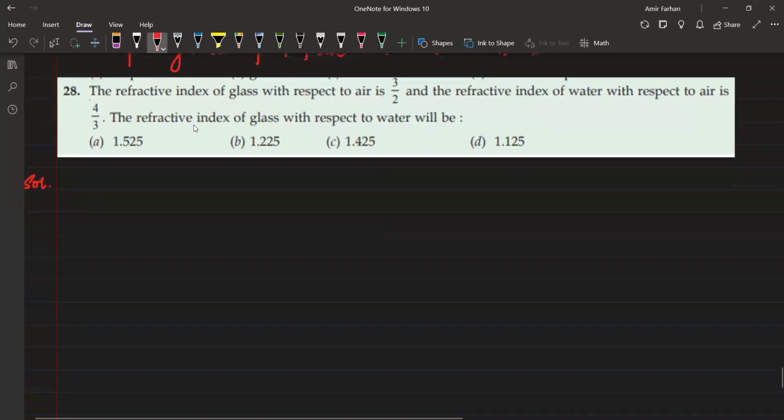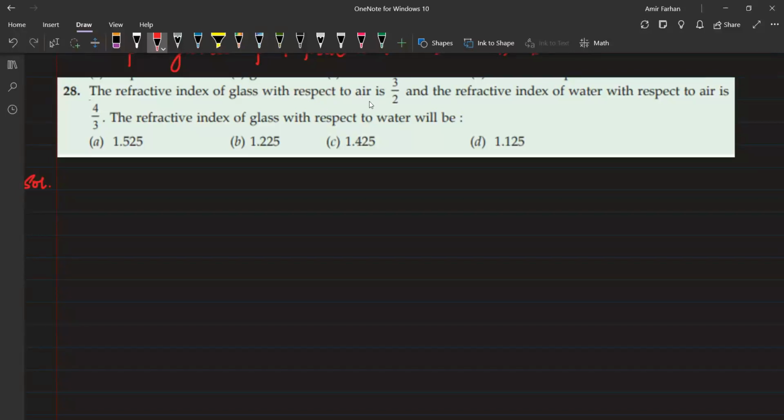Okay, let's do this question. The question is saying the refractive index of glass with respect to air is 3/2. Is this absolute? Yes. The question says refractive index of glass with respect to air.